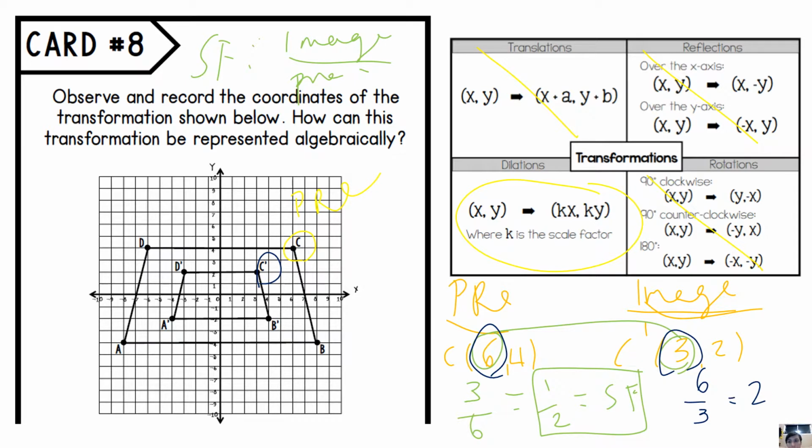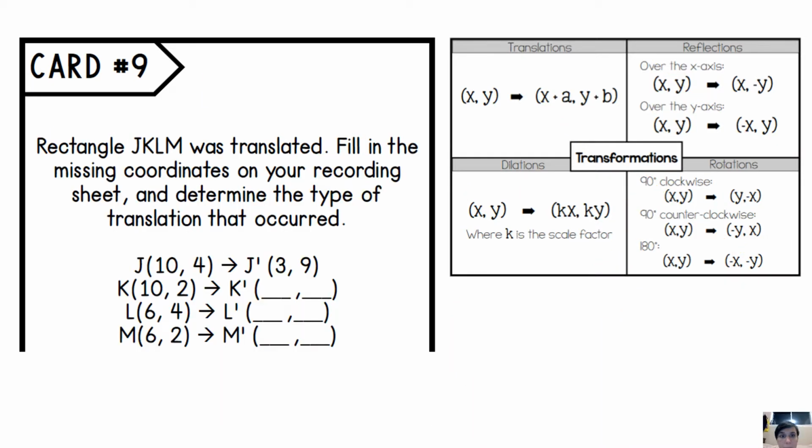So if the scale factor is a whole number like 2, it's got to be an enlargement, but it's not an enlargement. So you know you're wrong. That's how you check yourself. I don't feel like I did a very good job of explaining that, but I hope that you got it. Come in with questions tomorrow if you have them, please.